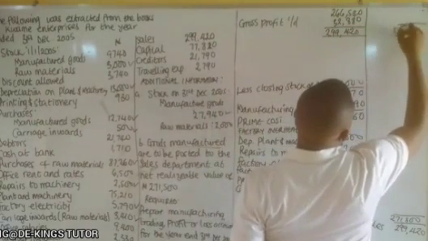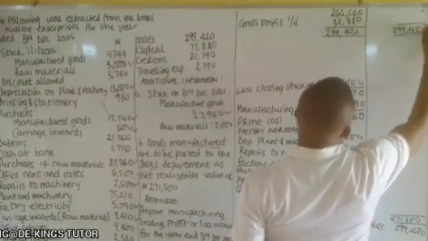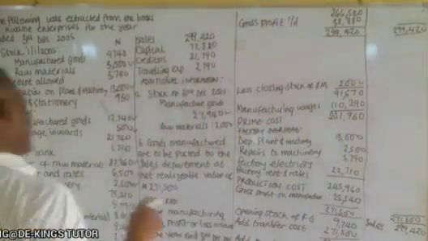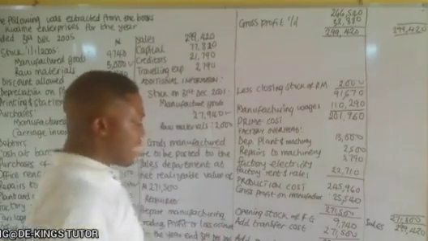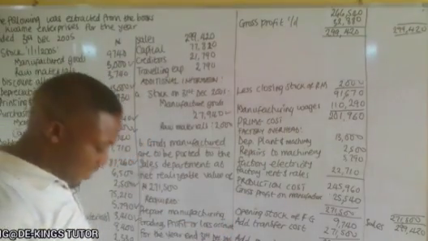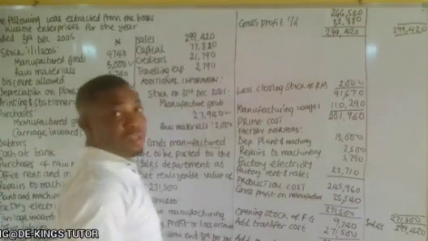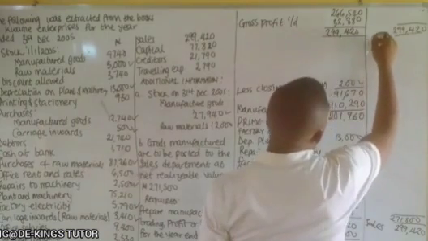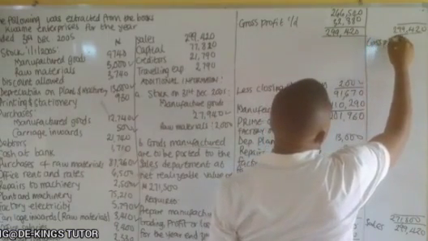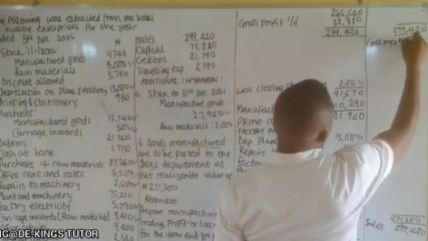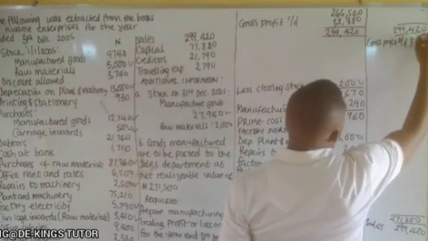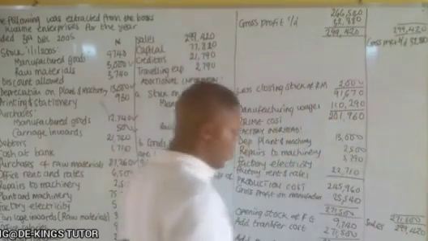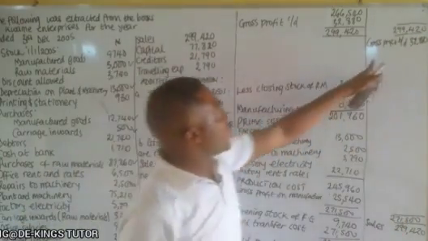And when we add, we have 299,420. Okay, so that is the trading account. Now, the profit or loss account will appear to us. Our gross profit carried down will be brought down here as gross profit brought down. Just the same normal process, but just the net realizable value that made it to change.